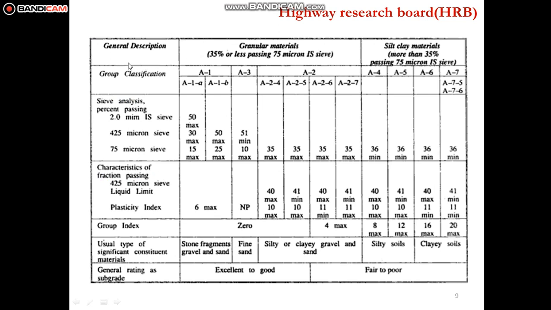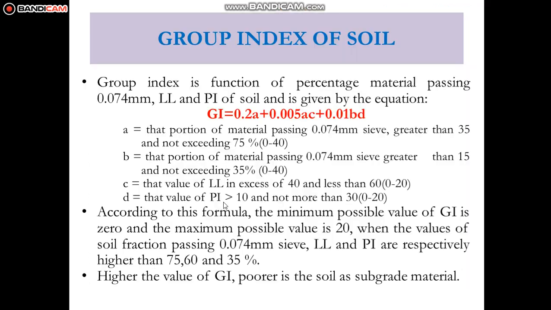So here we can see the general descriptions: granular materials have 35% or less passing 75 micron sieve, and silt clay materials more than 35%. So more than 35% comes under A4, A5, A6, A7 and less than 35% comes under A1, A3, A2, and there are some criteria to identify the HRB classifications.